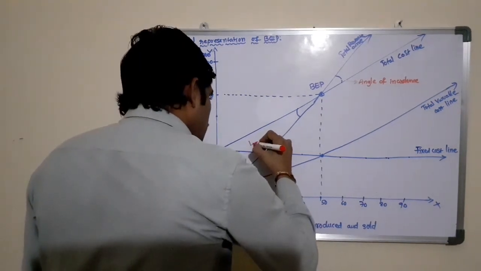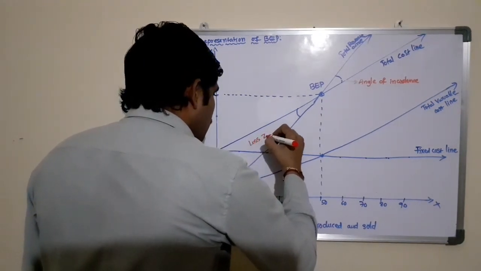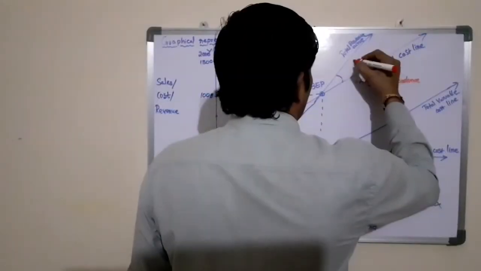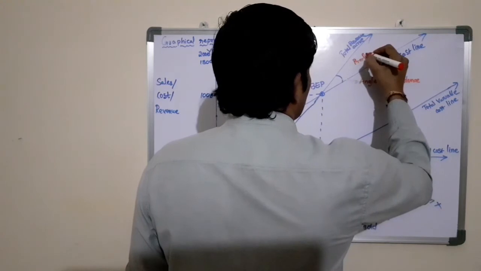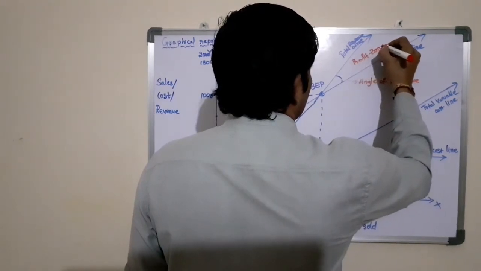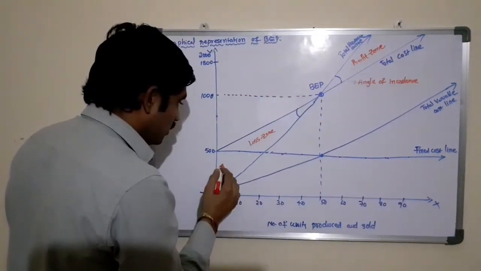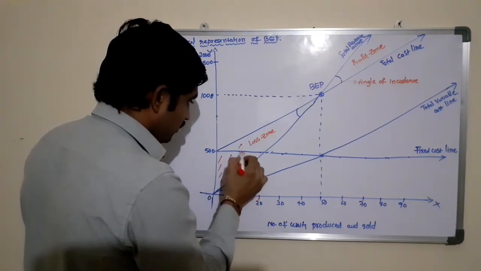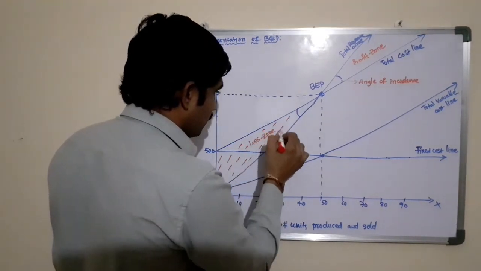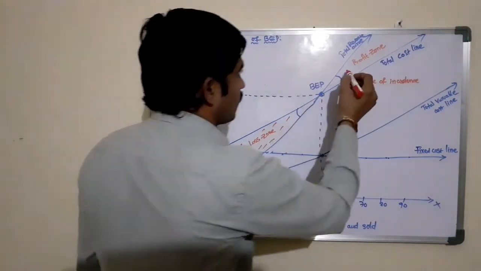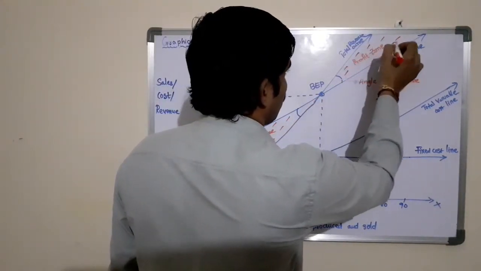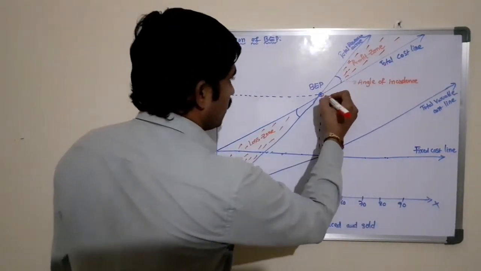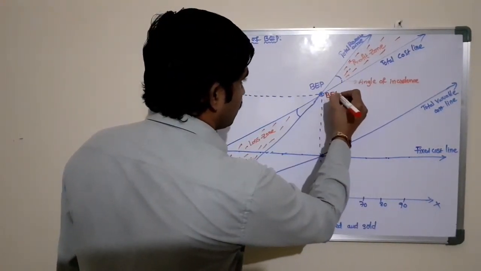So this is the loss zone, and this is the profit zone. This is the profit zone above the break-even point. This is our break-even point.